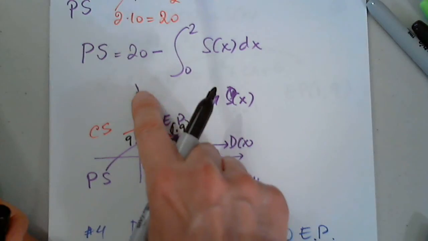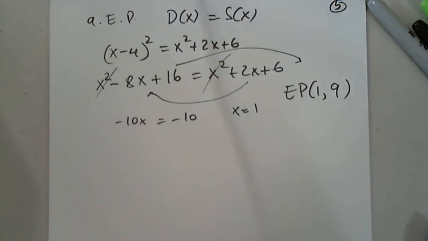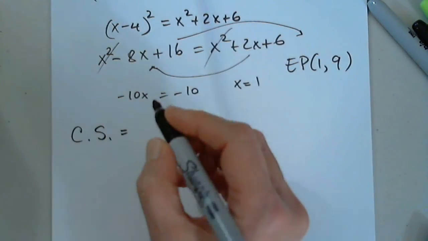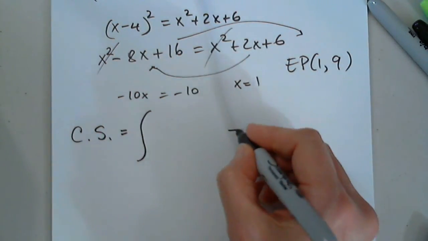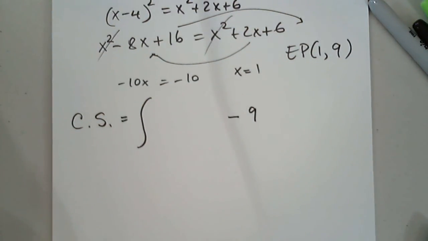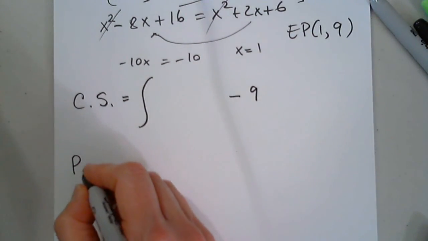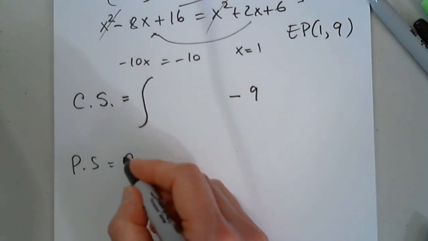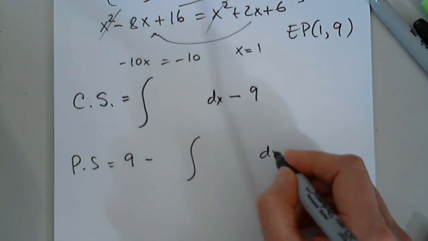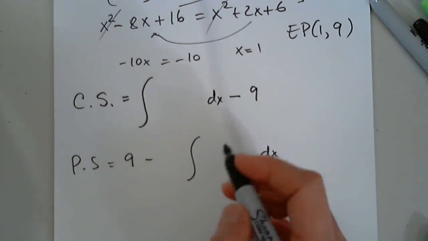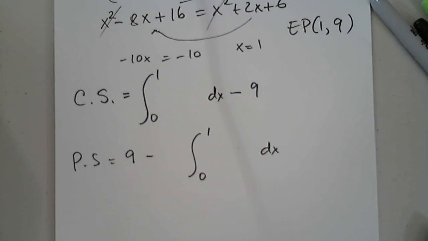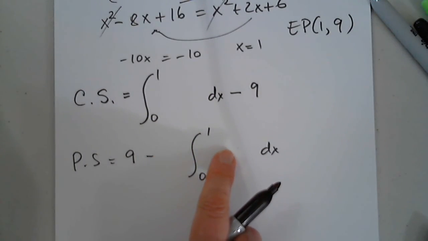So now I want to determine the consumer surplus. That value added, consumer surplus, is, remember, the integral minus this product. The producer surplus will be this product minus a different integral. Same limits of integration, still from 0 to 1, but a different function.